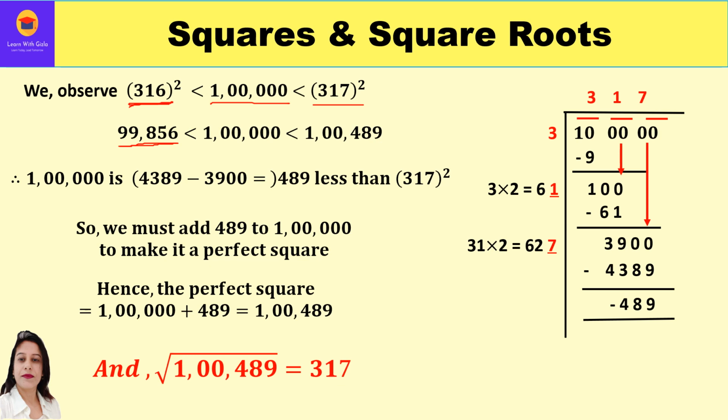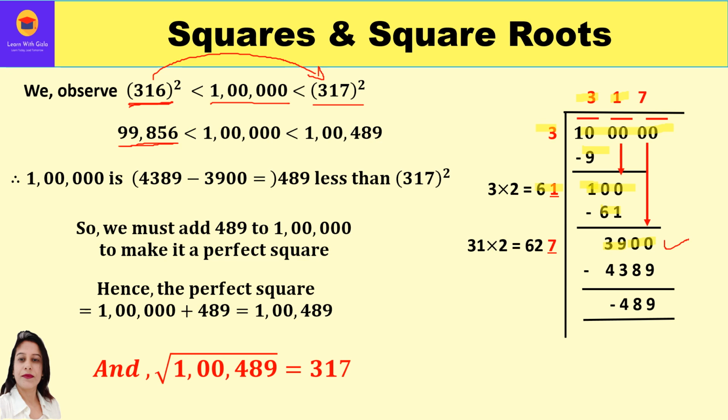So let us take up 317, which is 1 more than 316, and start the long division, right? The same thing, making of the pairs, then 3 into 3 is 9, then further 1 is the remainder, 0 0 we have brought forward, 61 into 1 is 61, 100 minus 61 is 39, bring forward the next period, so we got 3900 as the dividend, right?